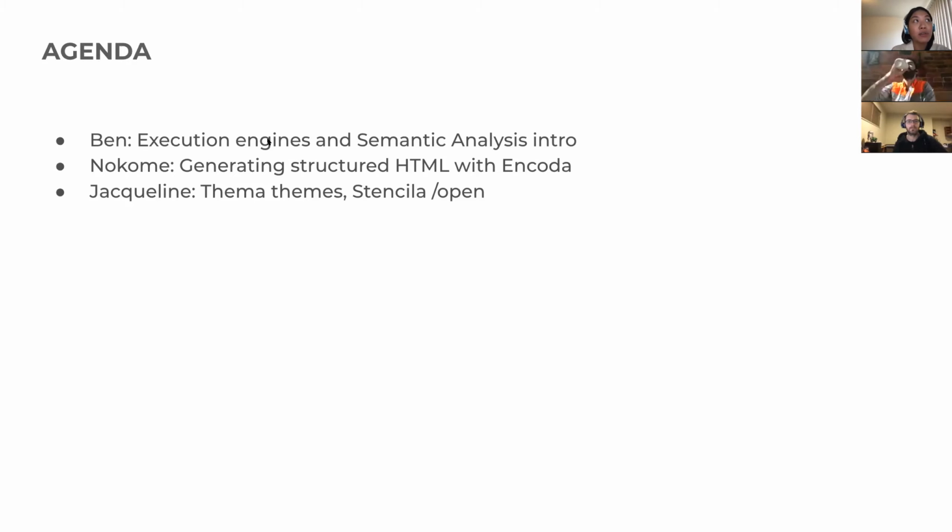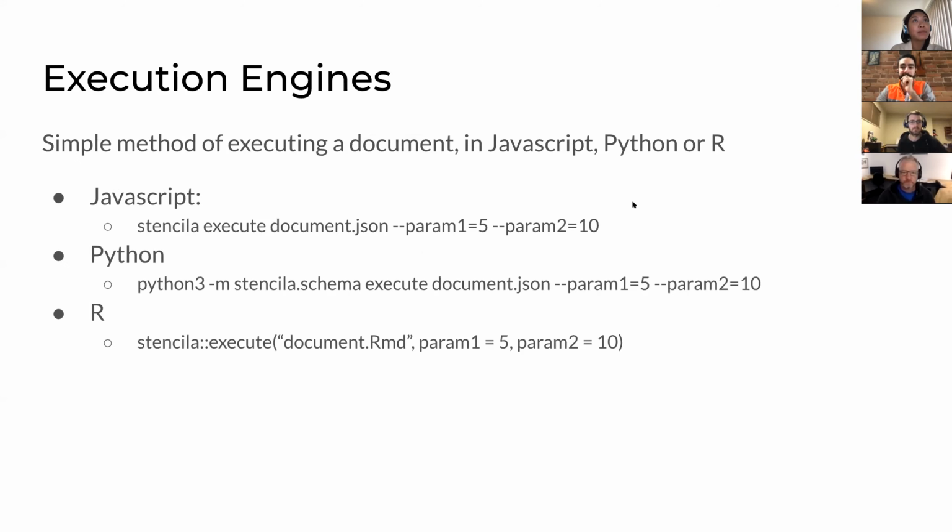That's tied into the work that we've done with Thema, which styles semantically structured HTML using different themes in CSS. So I'll be going over Thema themes as well as a new project that we're working on, Stencila Open. So I'm going to pass it to Ben.